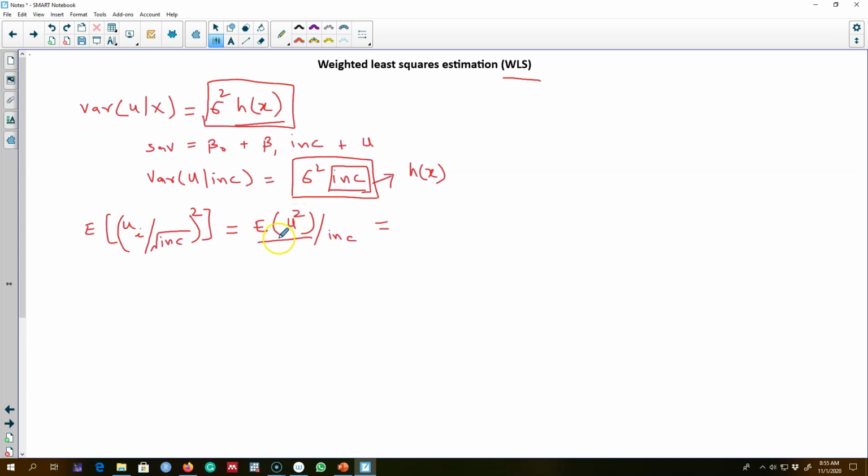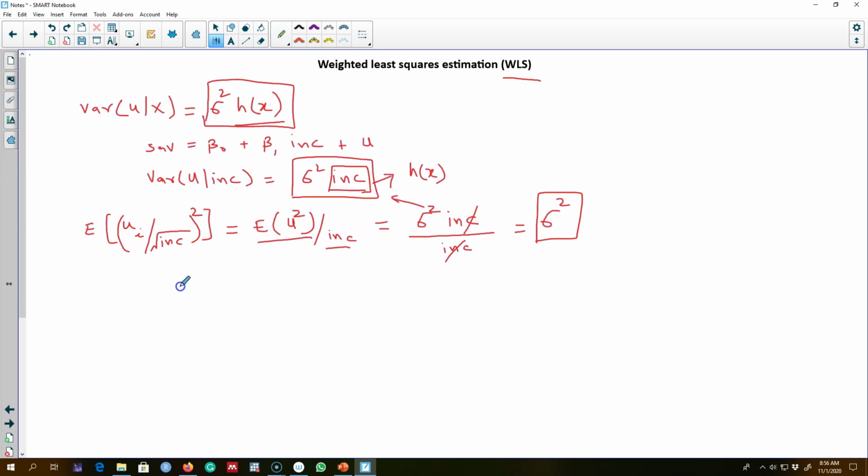That is, there is heteroscedasticity in this term. So we will get sigma squared times income from the model, right, this one. But since we divided by income, this term will cancel out with this term and we will be left with sigma squared, right? So our variance is constant in this case.